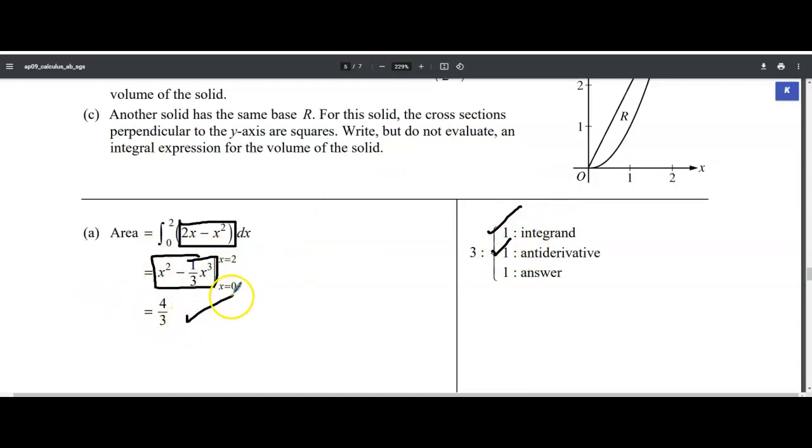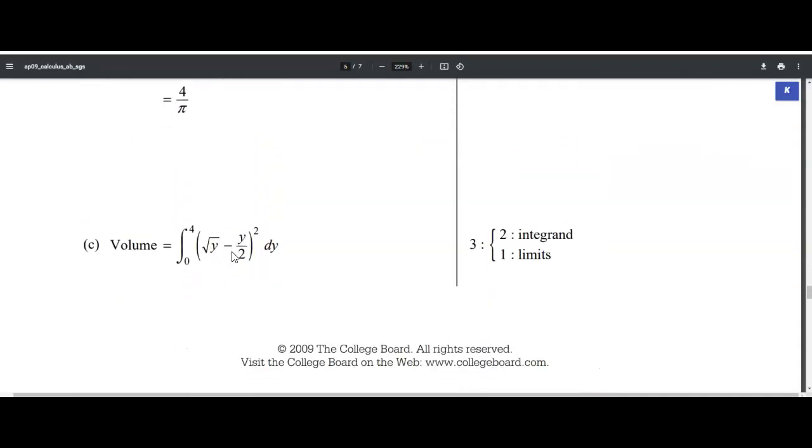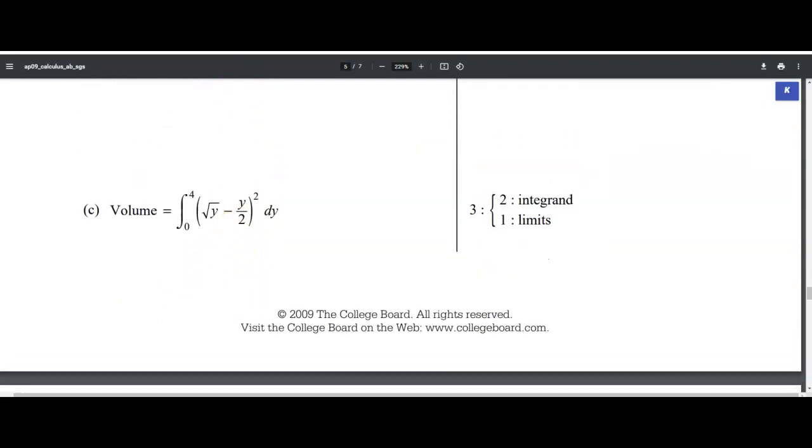And then you get a point for your final answer, which I chose not to simplify, but that's okay. For part C, you get 2 points for your integrand and 1 point for your limit. So here's your integrand, so that's 2 points, and then 1 point for getting the limits correct as well. All right, so that is how those ones were graded.